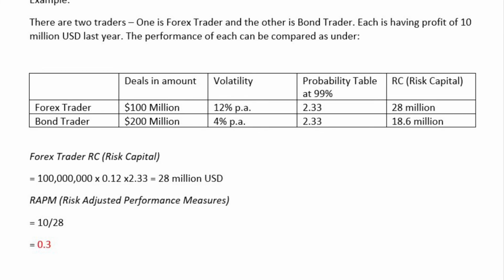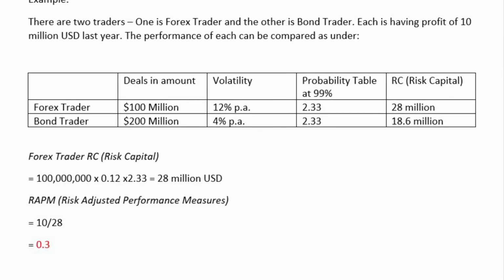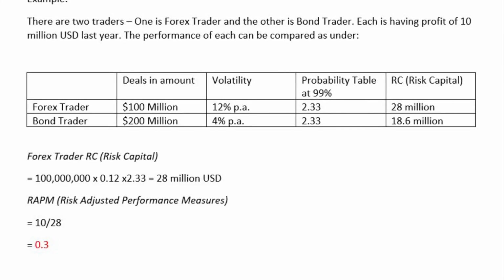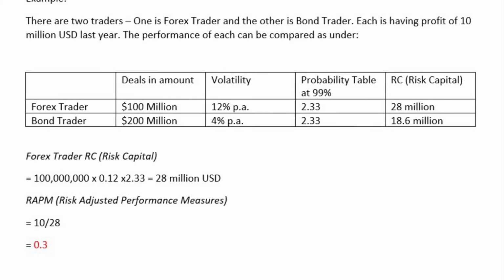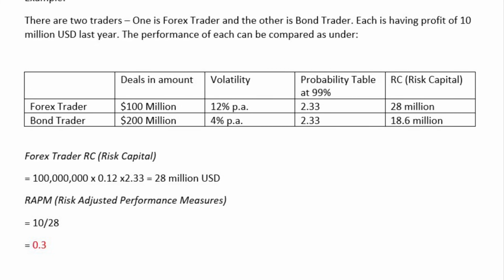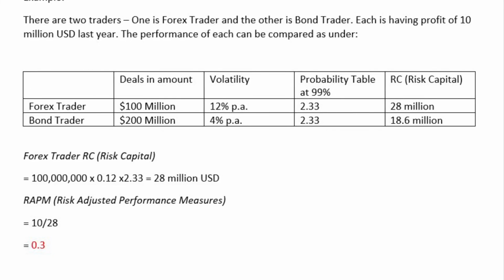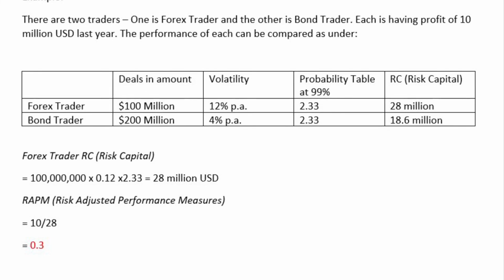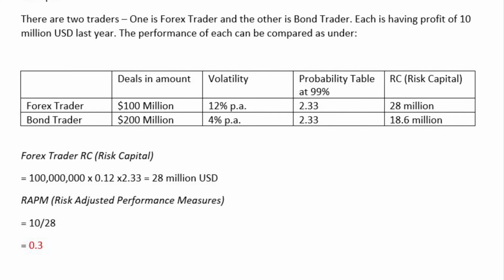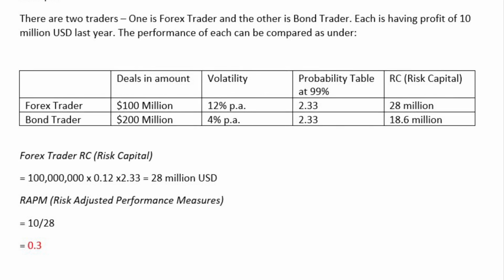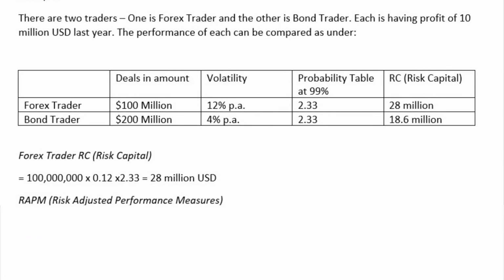Next is the risk adjusted performance measure, which is nothing but profit by risk capital. The profit given in the question is 10 million USD. So 10 by 28 will give 0.3.